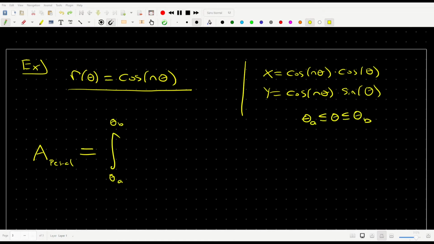Now we want to solve for the theta A that gives us the very beginning of a petal. So this first angle should correspond to the beginning of a petal. The lower bound is theta A, the upper bound theta B, and this should correspond to the end of the petal.